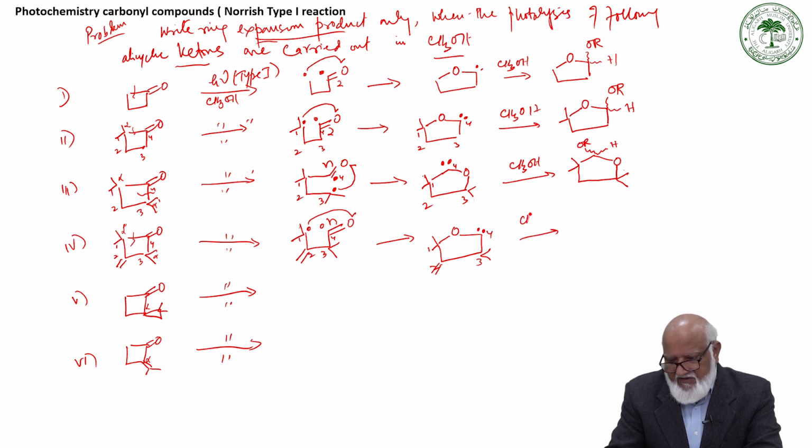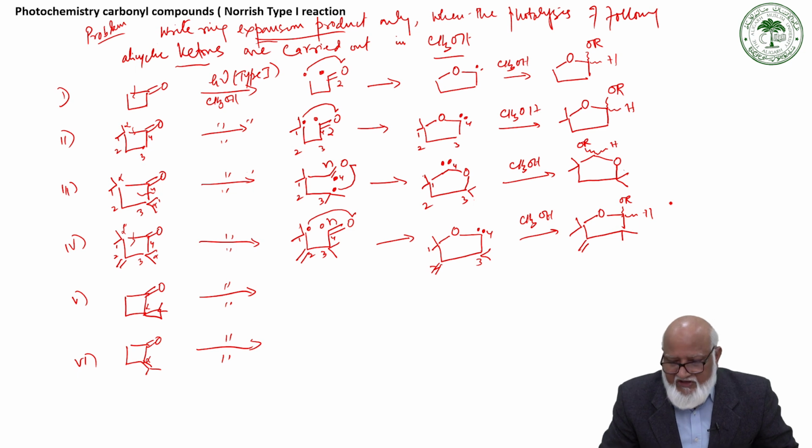Now CH3OH adds, and we get ORH. So this is a possible ring expansion product in this particular case.